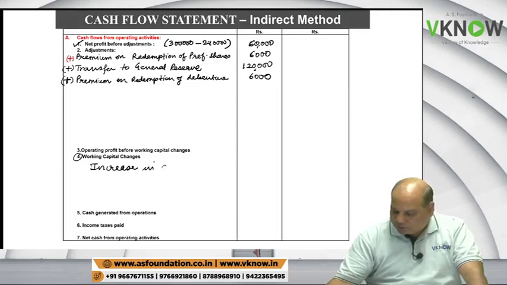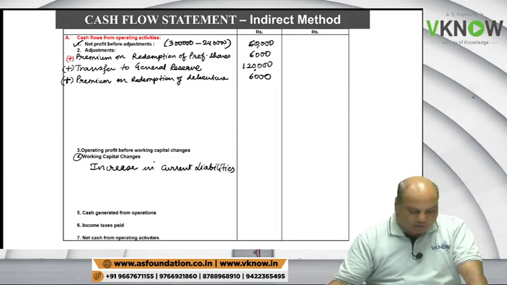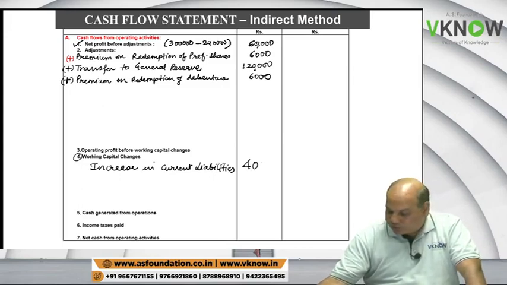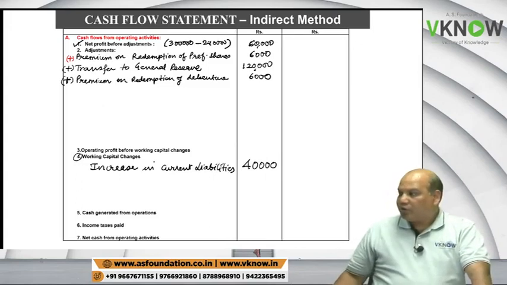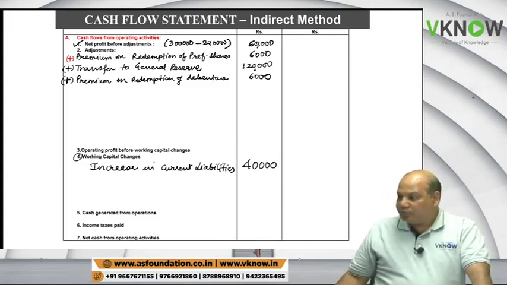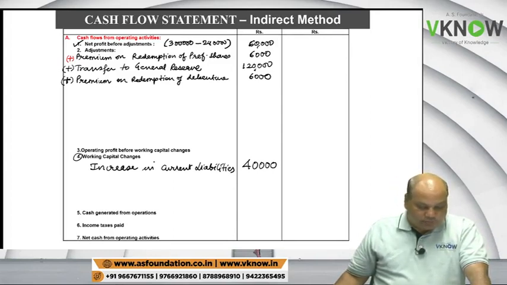Current liability has increased, 480 versus 520, so it has increased by 40,000. Increase in current liability means increase in cash flow.